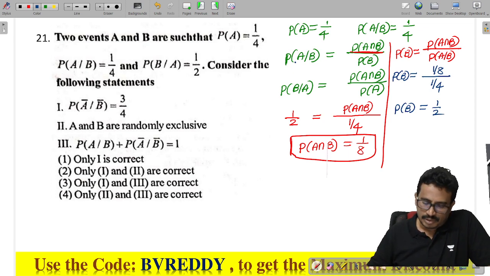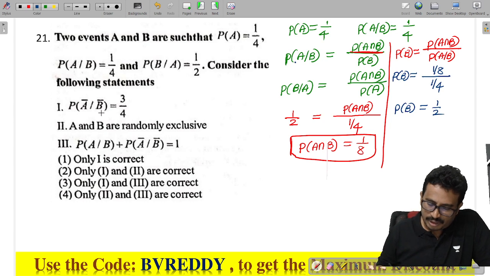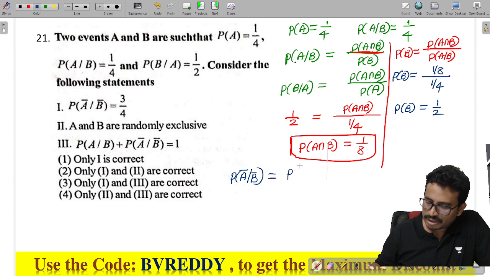Now P of A bar given B bar is given. So let us try to get this here. P of A bar given B bar is given as P of A bar intersection B bar by P of B bar.